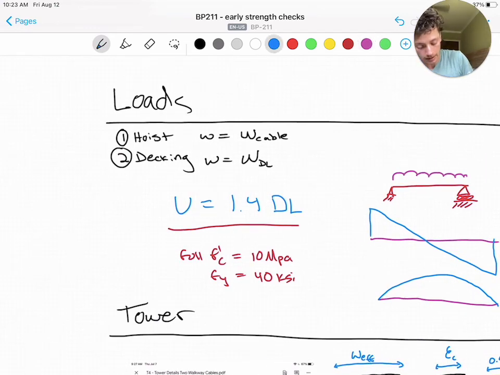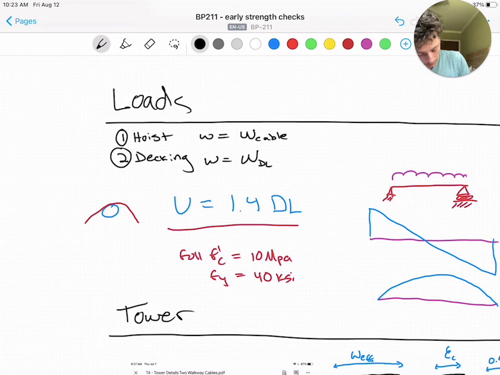And what am I talking about here? I'm talking about that actual saddle from the cable forces bearing down on that concrete column.